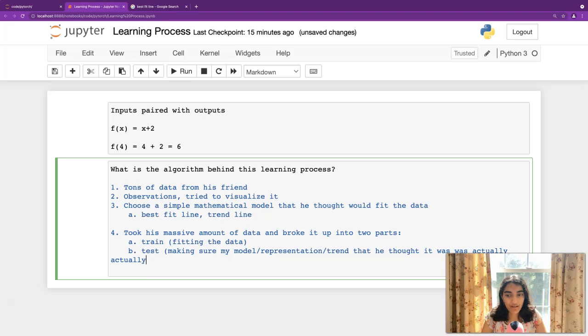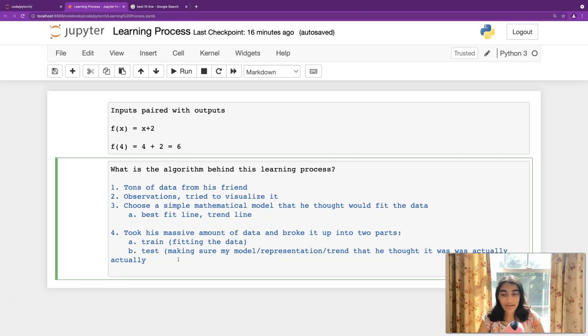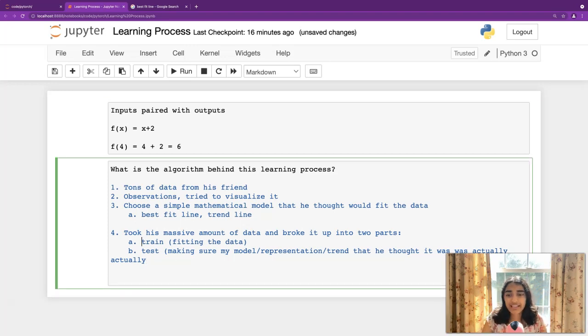So he wants to check that. So we have some test data. This is like the 4 in our f of x. We have some new data to check: is this actually the model that represents the data best? If you use all of the data for training, how are you going to know whether it works or not? You need a way of making sure that what you're doing is accurate. That's why we have test data.